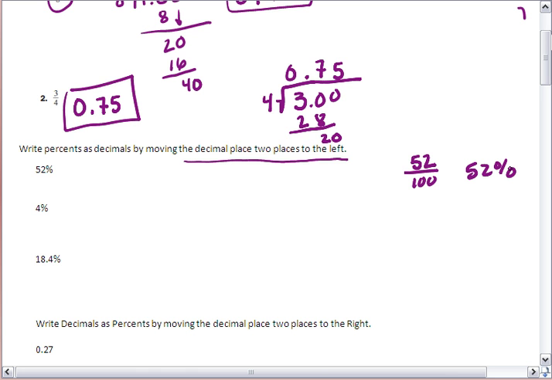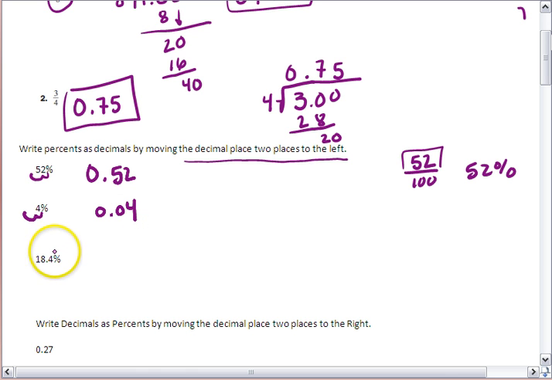So if I move my decimal place 2 places to the left, that converts my percent to a decimal, just like 52 hundredths would be 0.52, or 52 hundredths. This is like 4 hundredths, so 2 decimal places, and I get 4 hundredths.